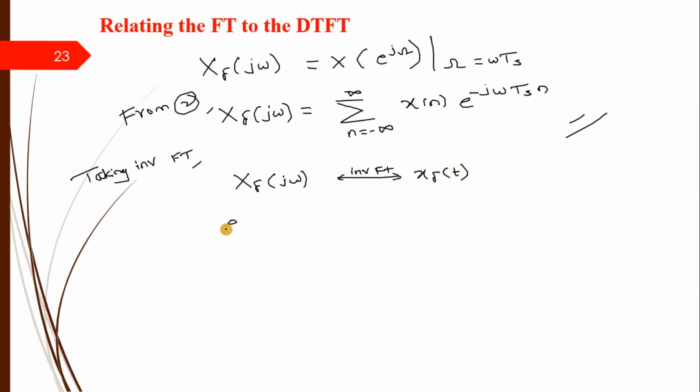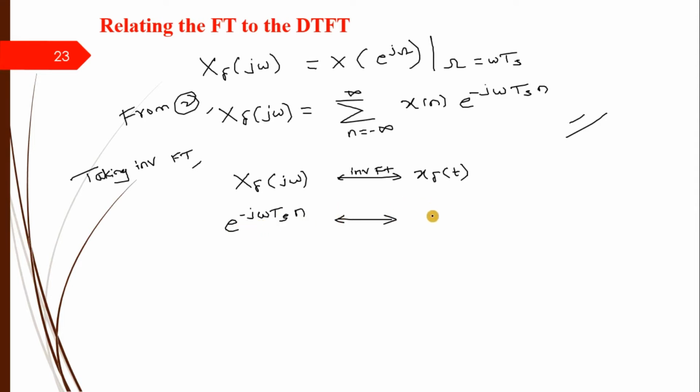Now, we have studied from the frequency and time shift property that whenever an exponential signal is added or multiplied in the frequency domain, in the time domain it gives rise to a time shift.